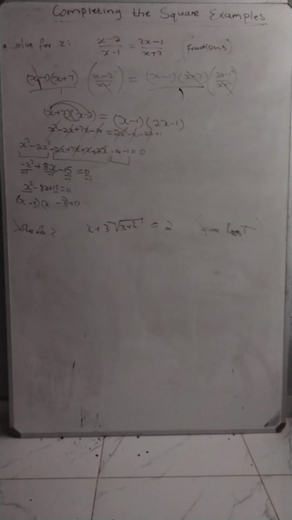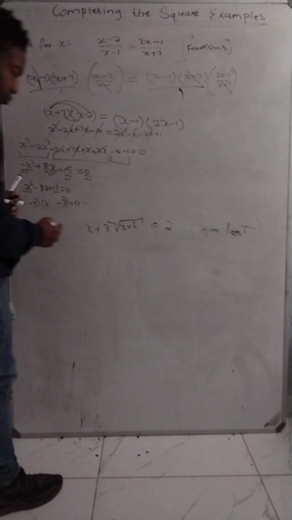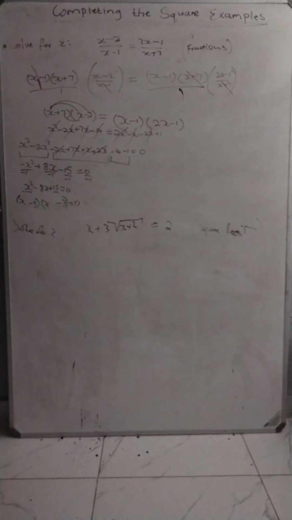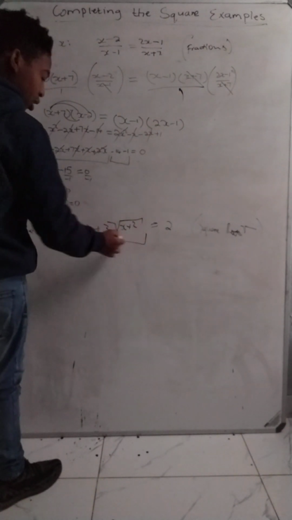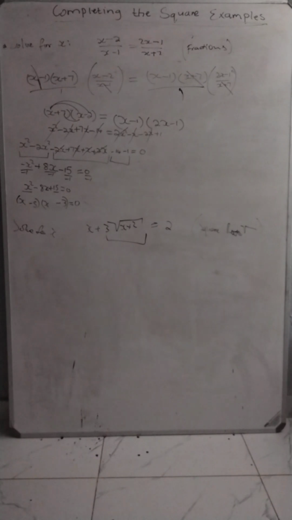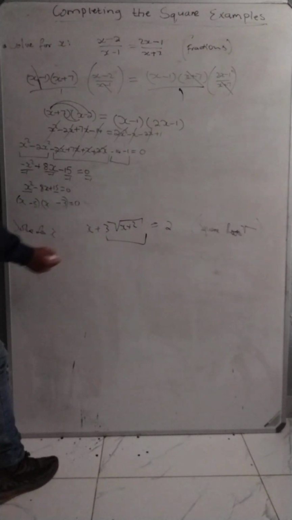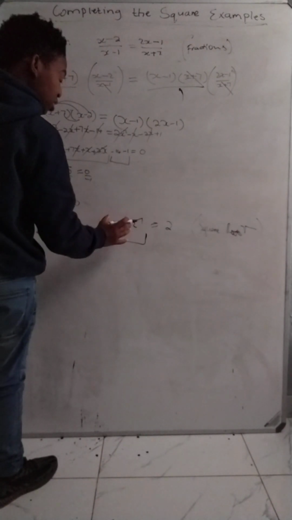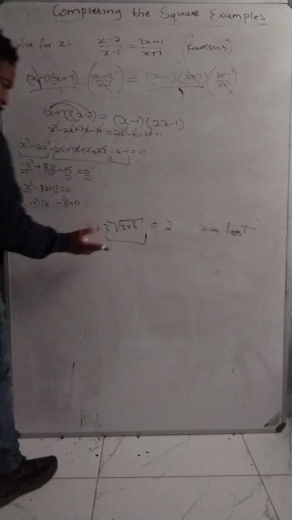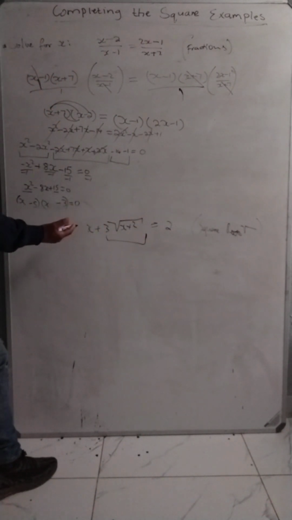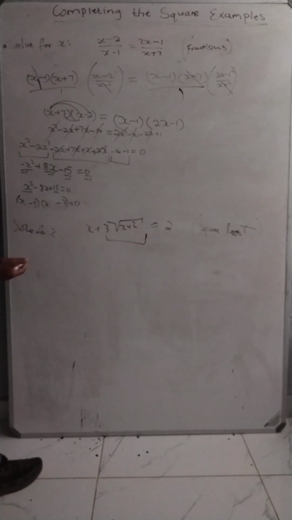So now the first thing that one would want to do here is to have the term with the square root isolated. To do that, you will take the x to that side, or you can take this term itself to that side and bring back that 2, however you want to do it.